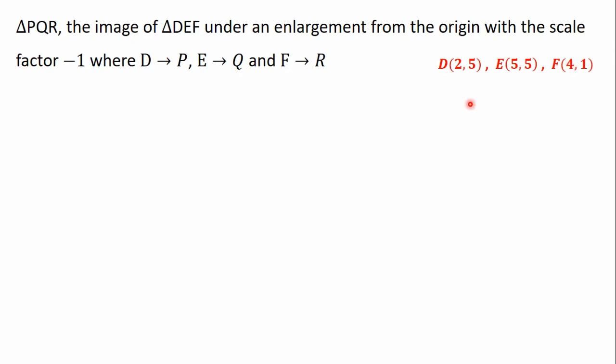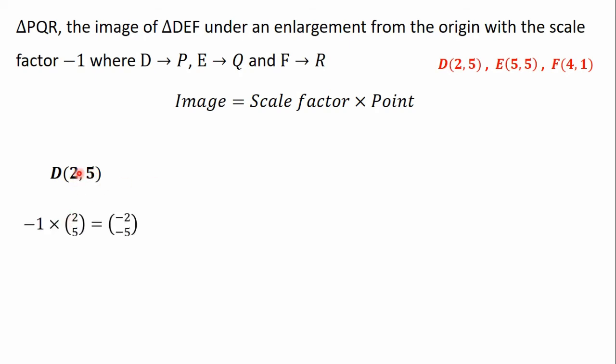Let's do that. The points we are going to enlarge are D, E, F. We have learned that when a point is enlarged from the origin with a scale factor, to get the image, we will multiply the scale factor by the point. We are going to enlarge the point D with coordinates 2, 5 with a scale factor of -1 from the origin in order to get P. We will do the same thing to E to get Q, then we do the same thing to F to get R. So let's start with D. Point D has the coordinates 2, 5.